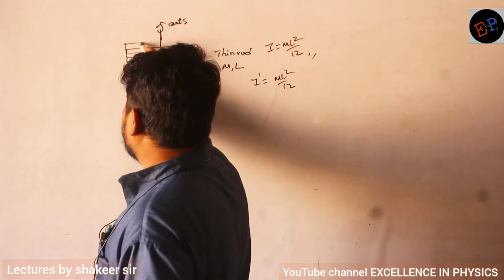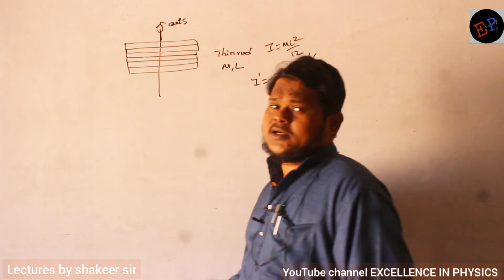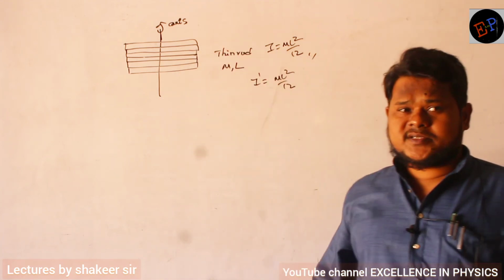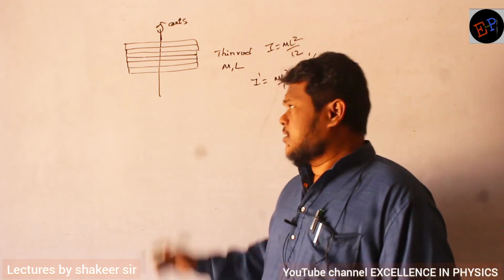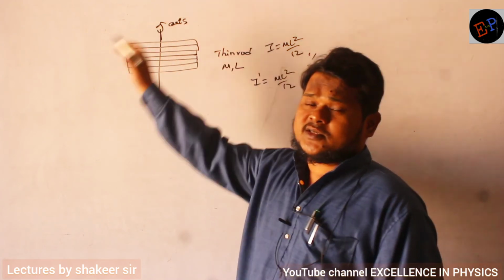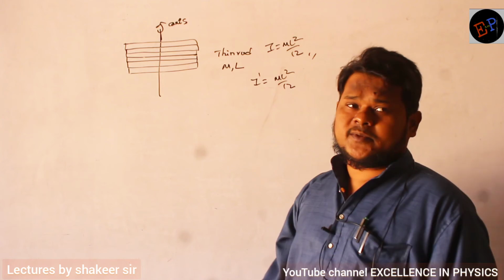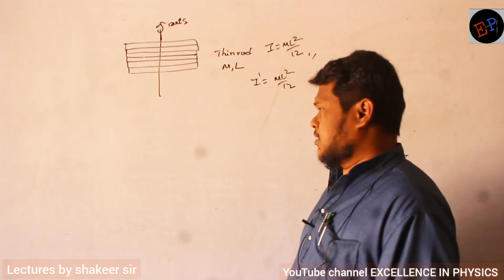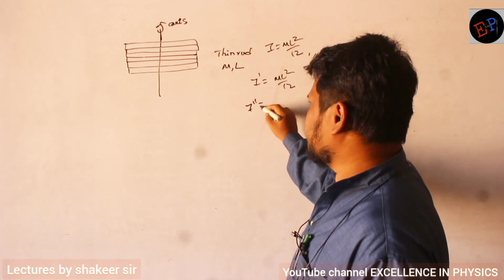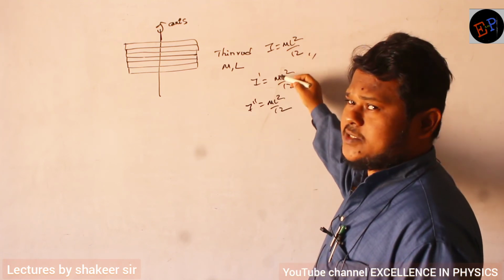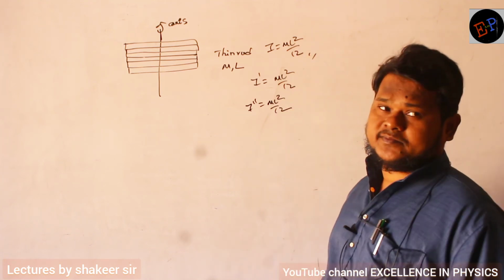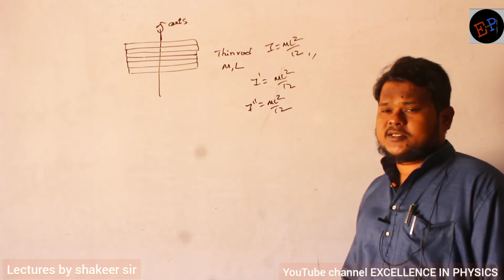So I am placing many rods like this, and through every rod axis is passing. If the mass of the total system is again m, then what is the moment of inertia? Then also moment of inertia remains ml square by 12. Mass of a single rod, mass of two rods, mass of many rods, but the formula does not change.